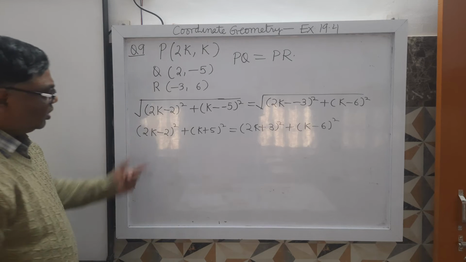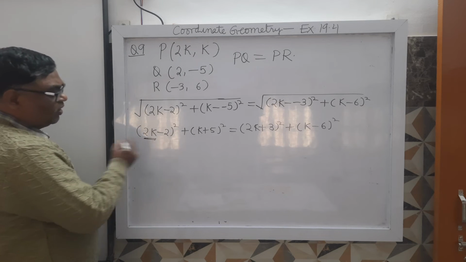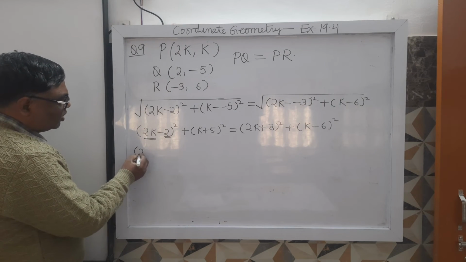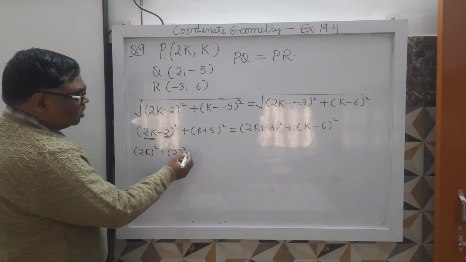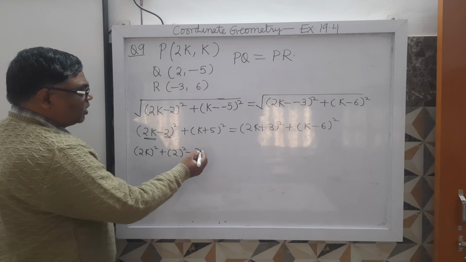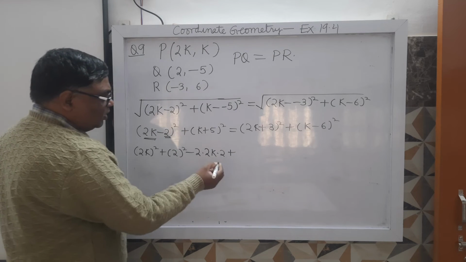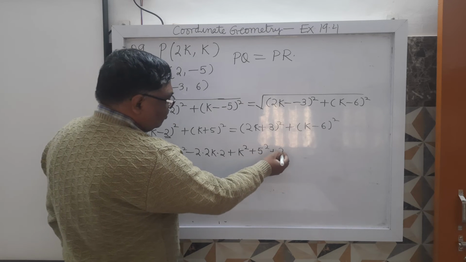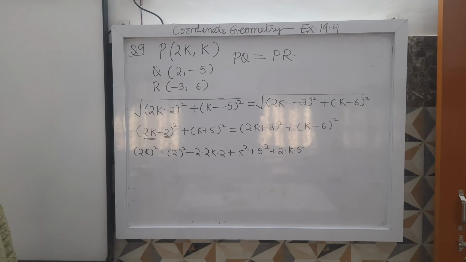So a minus b whole square, what is in place of a? This. What is in place of b? 2. a square, that is 2k whole square, plus b square, minus 2ab, that is 2 into 2k into 2. Then here it is k square plus 5 square plus 2 into k into 5.